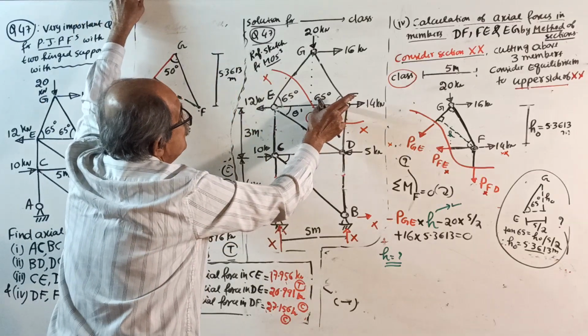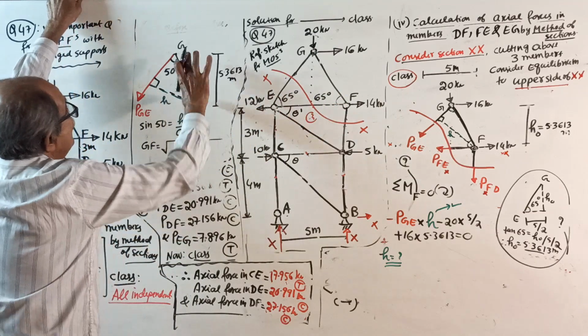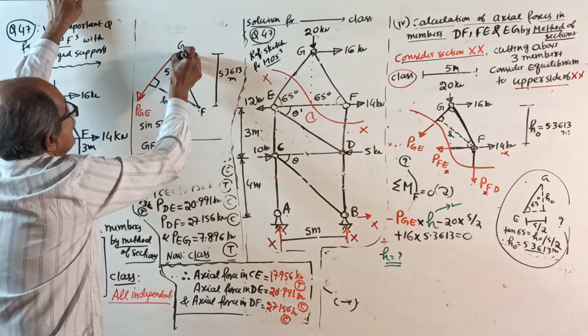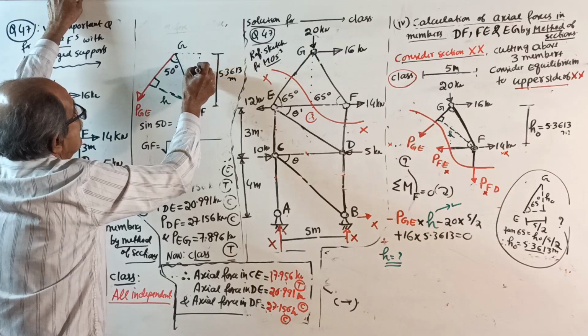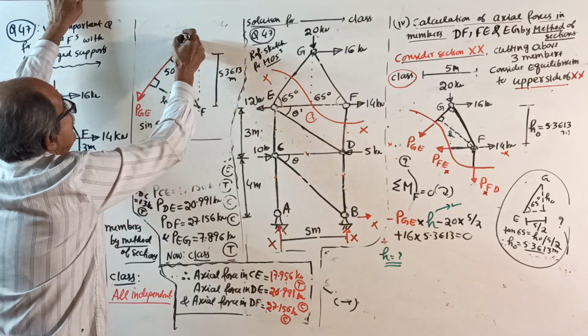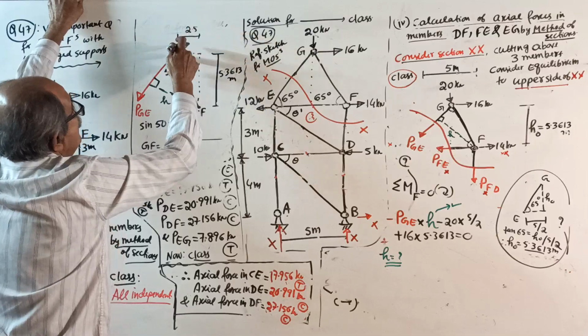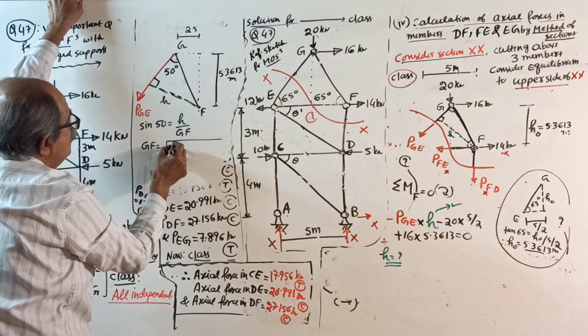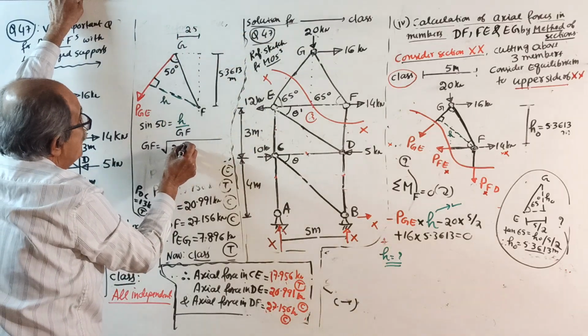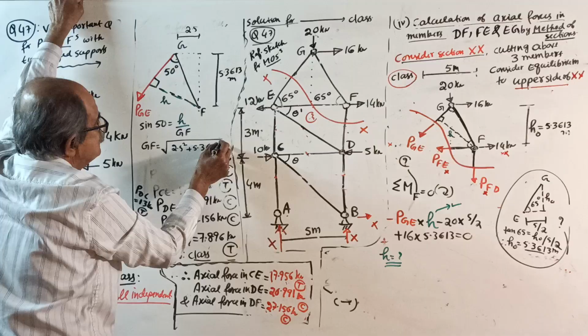This is how much? 5.3613. This is 2.5, half the distance. So GF equal to root of 2.5 square plus 5.3613 square.